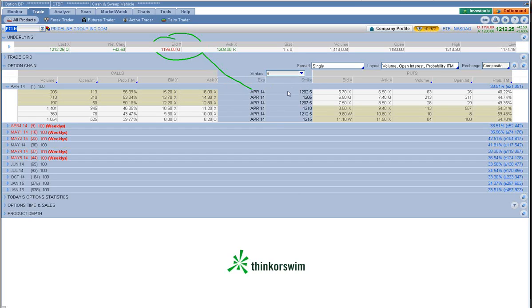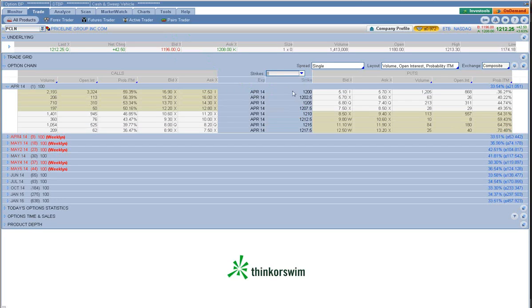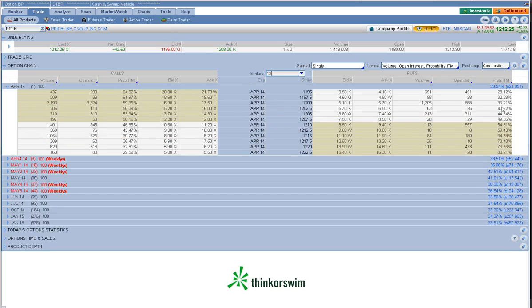So I don't know. How many strikes can I get here? 8 strikes? 12 strikes? Okay. So you look at PCLN around the 1210, which is the last close here at the money, and you look at the options around here.